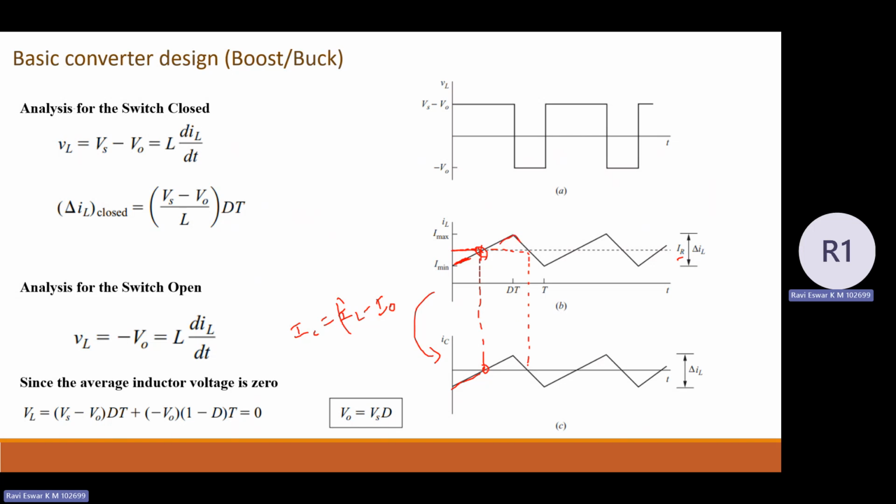That's why the curve follows the same shape but in the positive direction. Again at this point, IL equals I naught, so the capacitor current remains 0. This follows the same thing and will repeat. The same curve gets repeated. So this is how you need to draw the capacitor current.